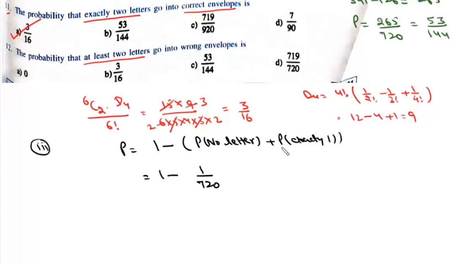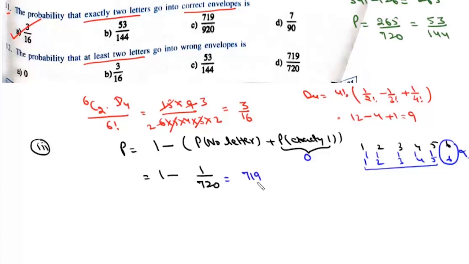Now if you look at the probability that exactly one of them is in a wrong envelope, we have 1, 2, 3, 4, 5, 6, and here it is 1, 2, 3, 4, 5, 6. It means that if exactly one is wrong, then the other 5 have to be in the correct position. Now if 5 of them are in the correct position, then the 6th one cannot be in a wrong position. So this probability is actually 0. So the required probability is 719 upon 720, and that's your option D.